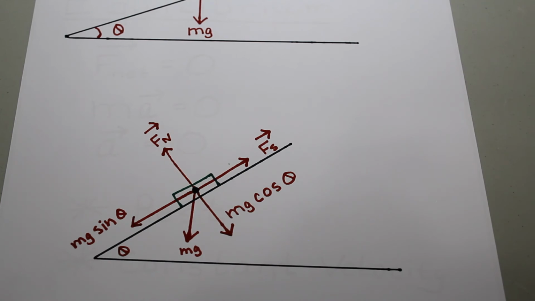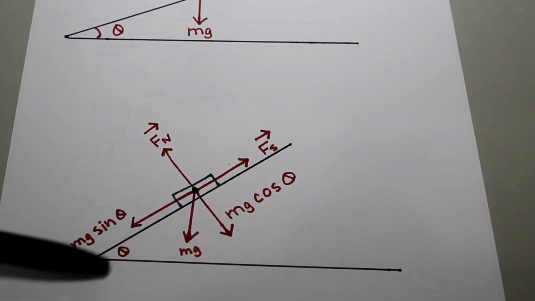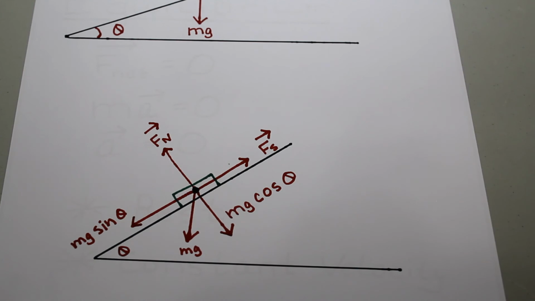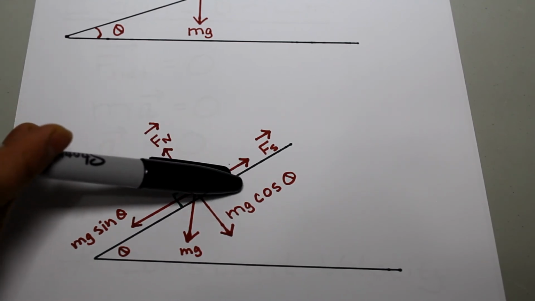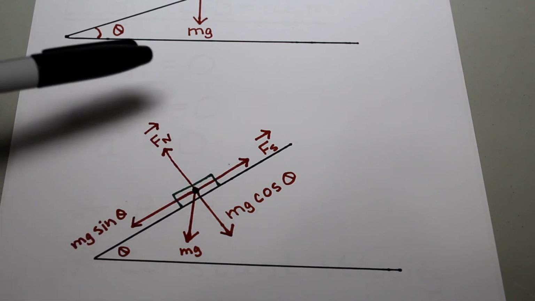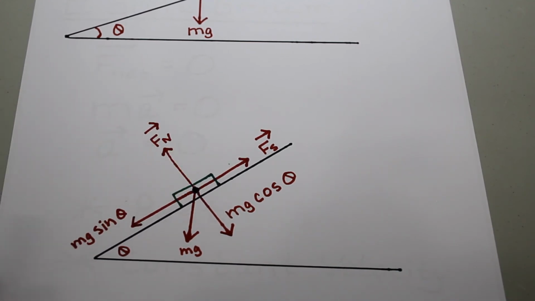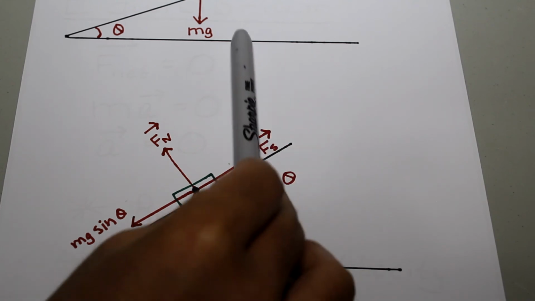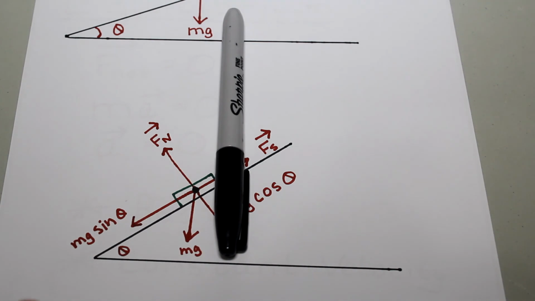And it's also easy to remember because if we had a 90-degree angle right here, the box would just be straight up, and mg cosine theta would be mg cosine 90, which is going to give us mg times 1. And if the box was straight like this, we know that the weight would be going straight down towards the floor, and that would just be mg.